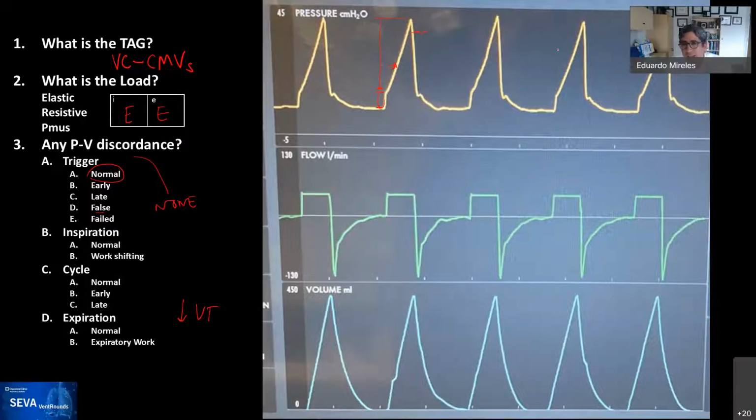Let me go back to the stress index. There's a manuscript out there in which they used a credit card or a badge, just like mine, and they put it in front of the screen and tried to say if the stress index was elevated or not, meaning that the patient was being over-distended. I think that we have to be careful with that.